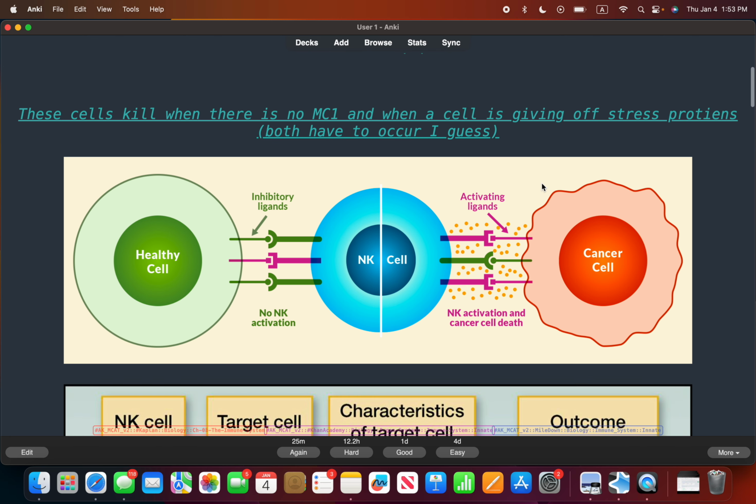These cells kill when there is no MHC1 and when the cell is giving off stress proteins. Both have to occur, I guess. What is MHC1? God knows.